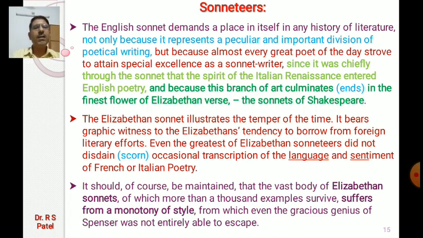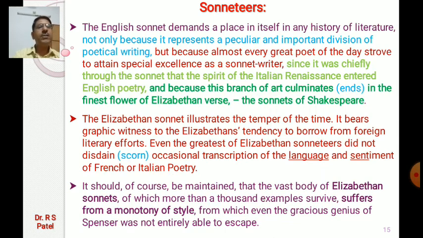But because almost every great poet of the day strove to attain special excellence as a sonnet writer. Each and every poet of this era, meaning the Elizabethan age, tried to attain special excellence. એક શ્રેષ્ઠ કક્ષાની કવિતા રજૂ કરવા માટેનો એણે પૂરો પ્રયત્ન કરેલો છે as a sonnet writer.